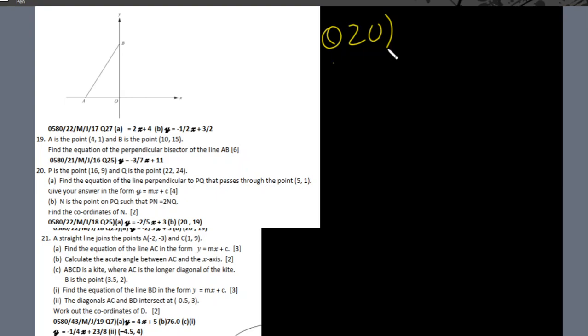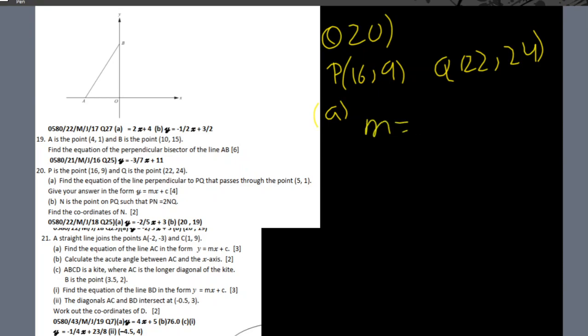P is the point (16, 9), Q is the point (22, 24). Part A: find the equation of the line perpendicular to PQ which passes through (5, 1). So first I need the slope of PQ: y2 minus y1 over x2 minus x1.